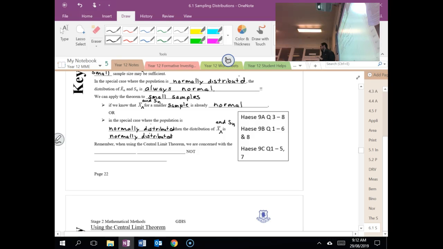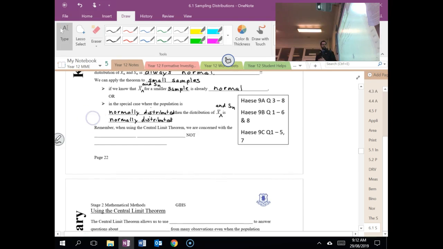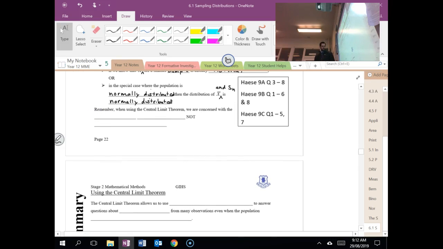Because as the sample size increases, the approximation to normality is only going to get better, it's not going to get worse. So if we take a distribution from a smaller sample and that's normal, then everything above it is normal. And also in the case where the population is normally distributed, the distribution of the means and the sums is normal as well.